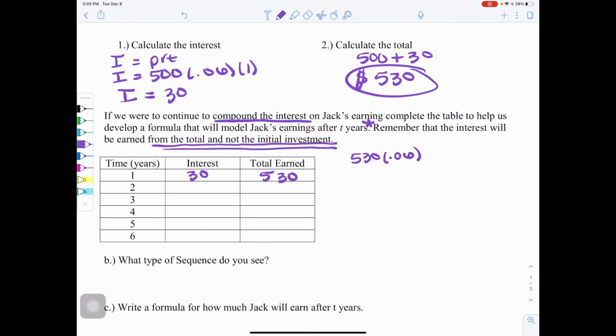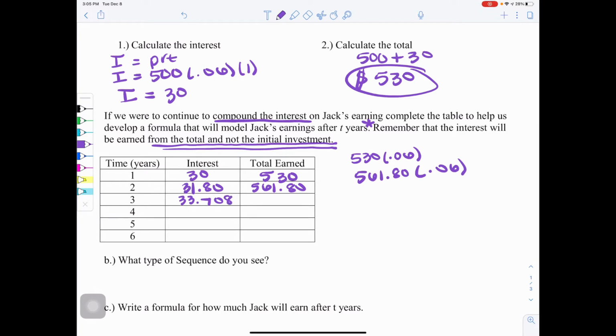If I do that, I'm going to get $31.80, which brings my total now up to $561.80. Then I'm going to take $561.80 and multiply that by my 6%. That's going to give me 33.708.